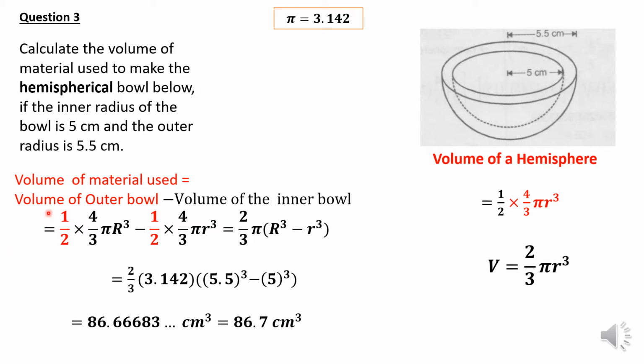So you see here, I put a half here because I know if I deal with a hemisphere, I need to take half. And my capital R here refers to the big one, the 5.5, and the small one here refers to the 5. Okay, so then you can just punch them into that formula or into this formula. You should still end up with this particular answer here.